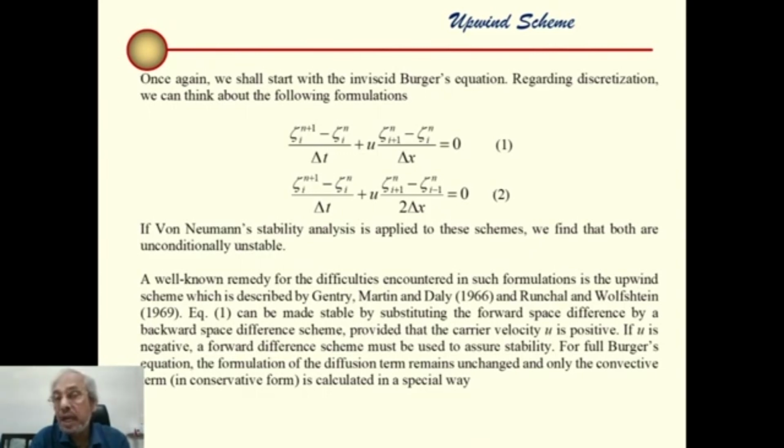You discretize it using backward difference. That means using the upstream point which is behind, if the flow velocity is positive. If the flow velocity is negative, then you involve the downstream point. That means the forward point. So go for forward differencing for locally negative velocity, and backward differencing for positive velocity.